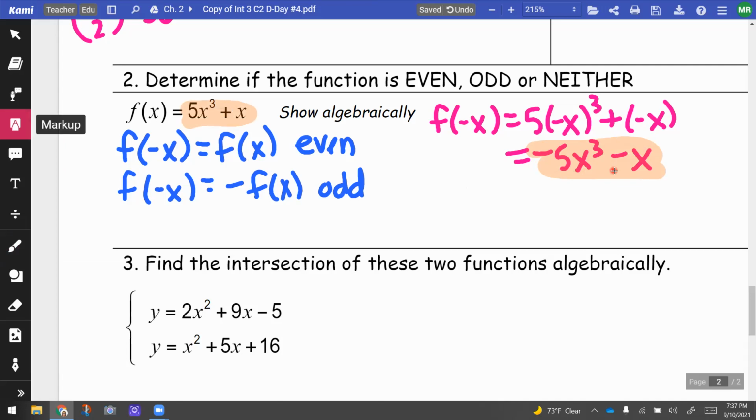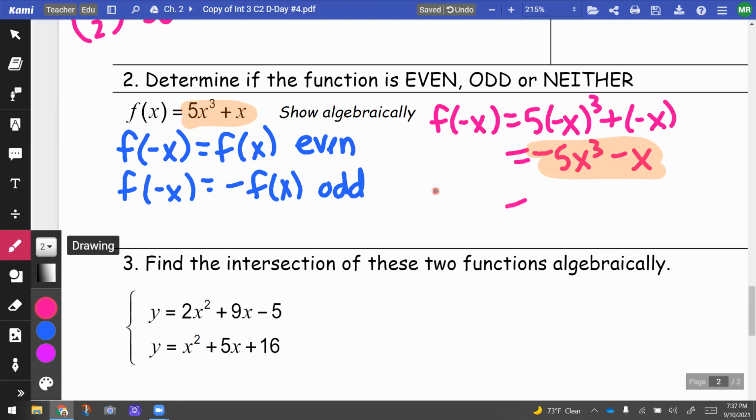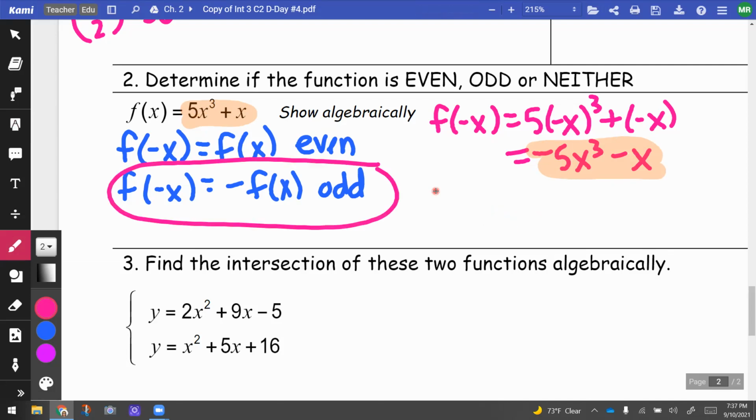And what you'll notice is this was a positive 5x cubed. This is a negative, so it's not even. They aren't the same. They're opposite. And this is a positive x is negative x. So the opposite of this is this. So that means that this is, oops, even. Sorry, not even, I apologize. Odd.